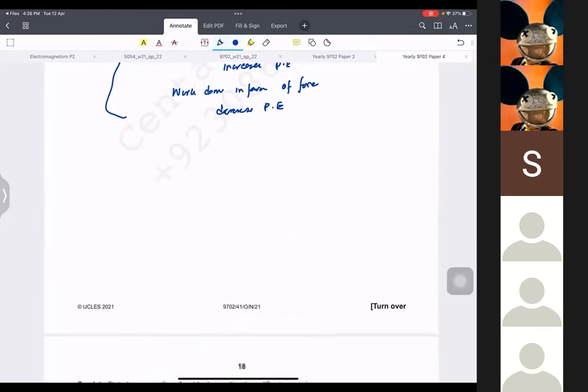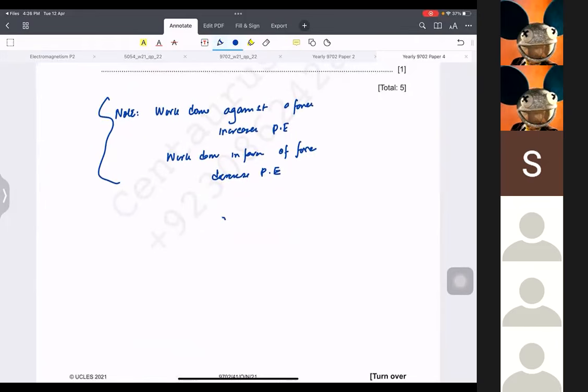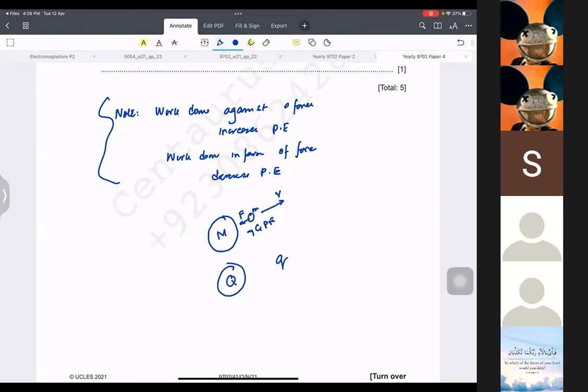Do remember that this is the most important thing. Everywhere, potential energy works like this. In gravitational potential energy, if you take a mass away, the force is this, so you're doing work against it, and its gravitational potential energy is going to increase. If this is a charge and you move a smaller charge away, not closer, because the force is here, its electrical potential energy increases.